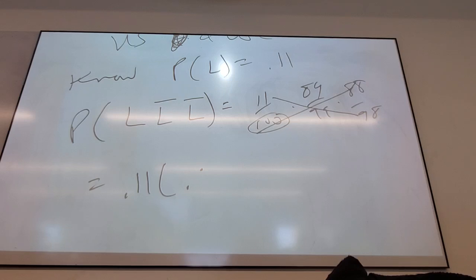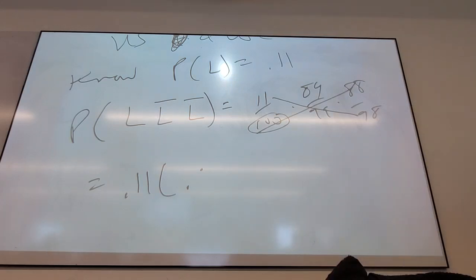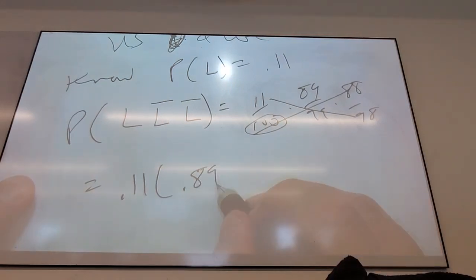So what must be true about any two opposite situations? The probabilities have to add to be 100%, or 1, yes? So probability left-handed is 11%. Probability not left-handed is 89. And so what do I put here?